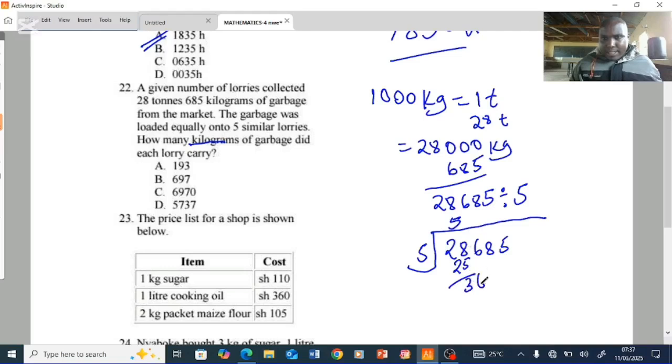Then 3, 6, take 7, which is 35. Remain 1, take 8, that is 18, take 3, which is 15. We remain with the 35, which is 7. So it is 5,737 kilograms.